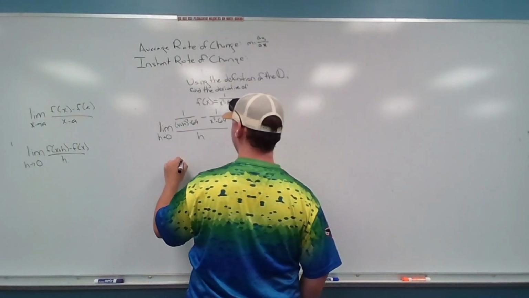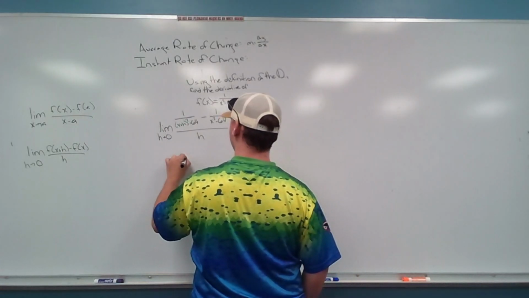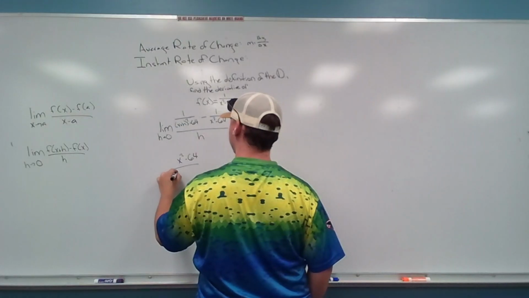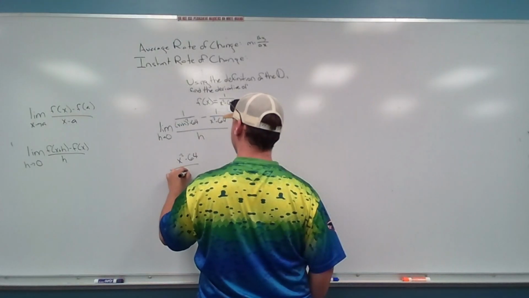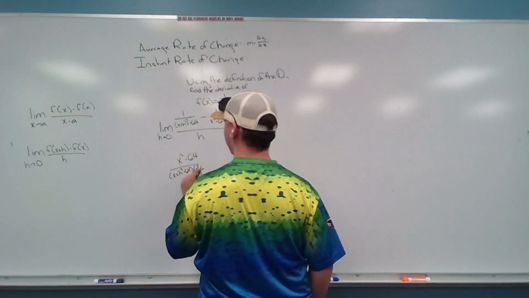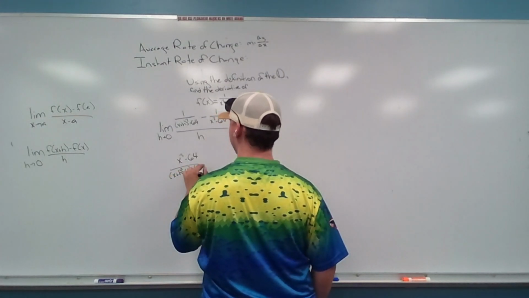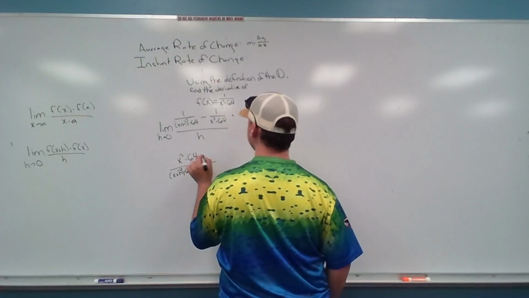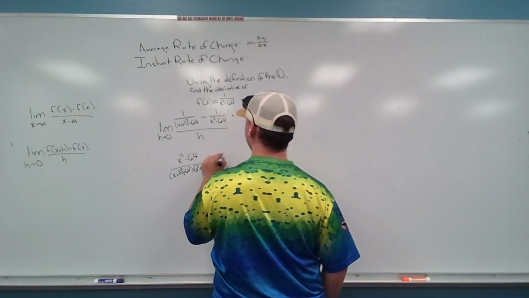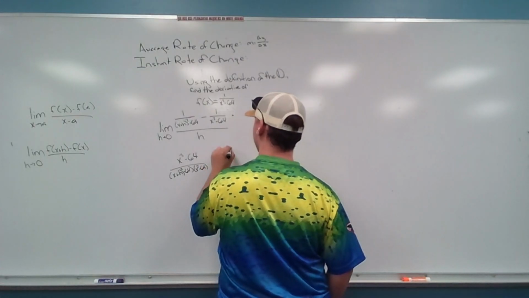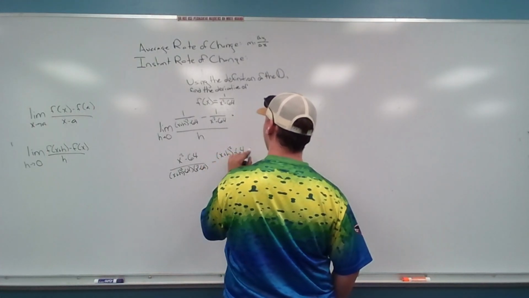So it's going to become x squared minus 64 over (x plus h) squared minus 64 times x squared minus 64, minus (x plus h) squared minus 64.